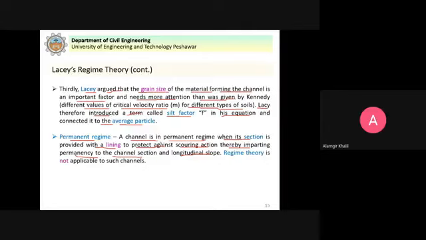So this is the case when we have lined channels. Clear? So regime theory is not applicable to such channels. That's why we apply these Kennedy and Lacey theories to unlined canals.